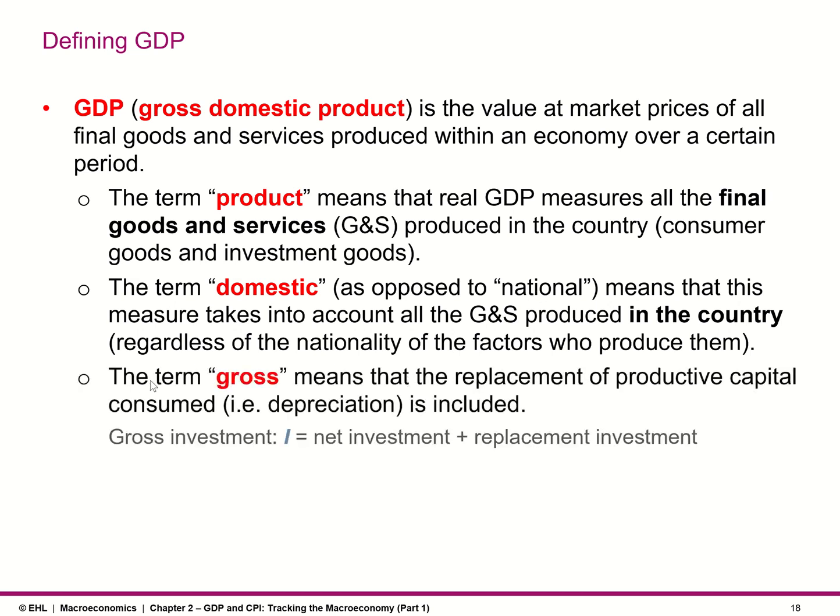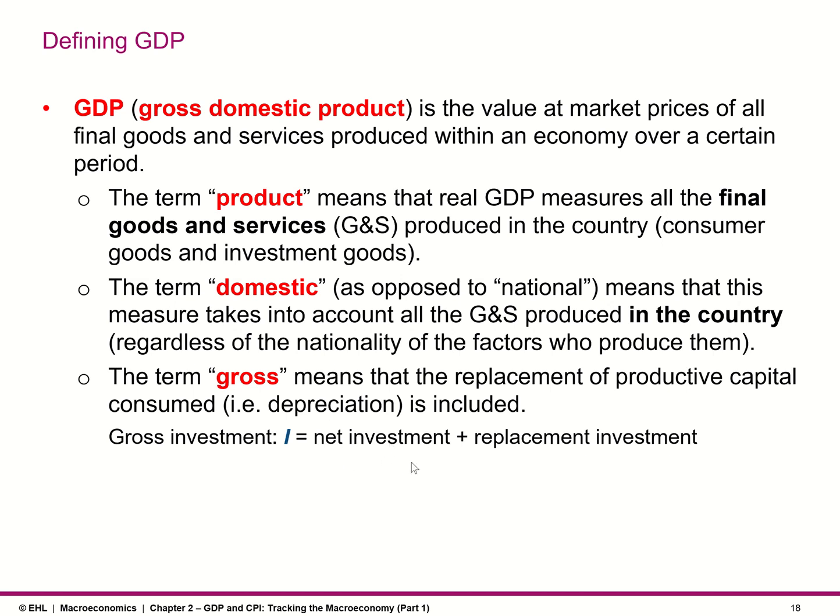And finally, the term gross means that it's not net. It's about the investment term, the investment I. So investment is made up of net investment, so the new investment capacities in the economy, and also replacement investment. For instance, let's take EHL, the campus got bigger. There was some construction work to make the campus bigger.